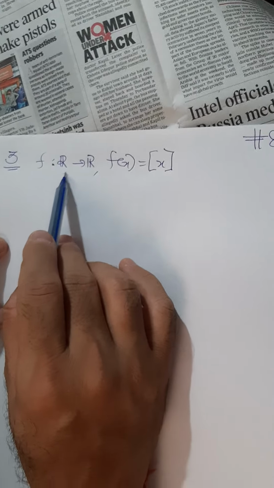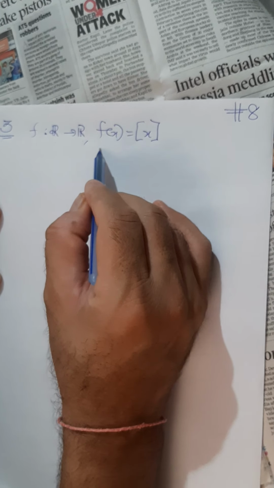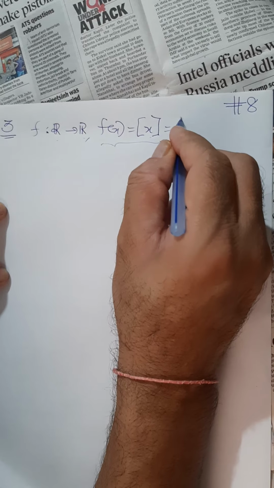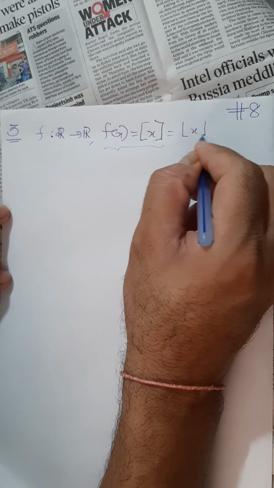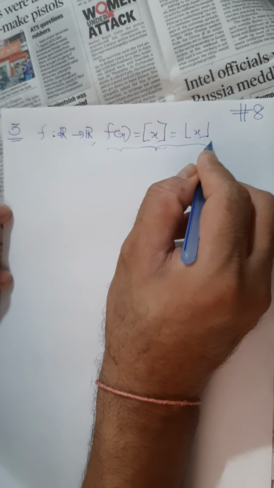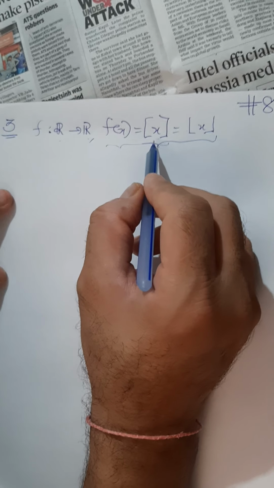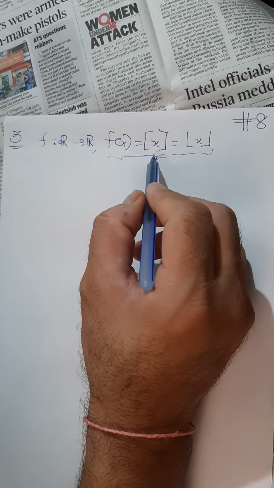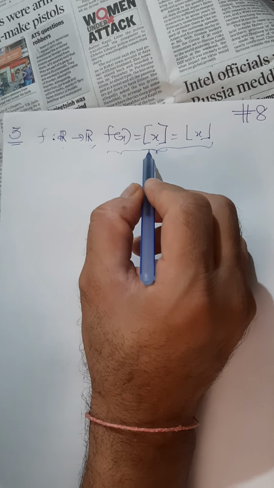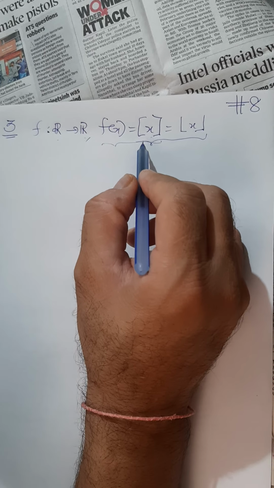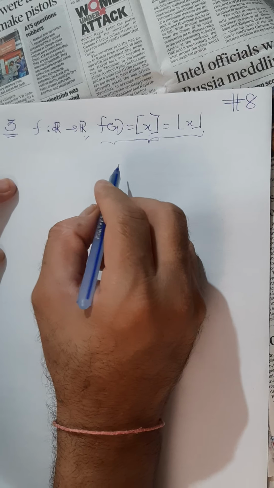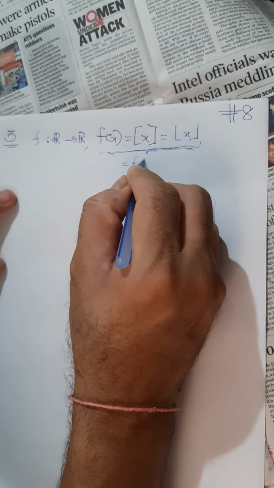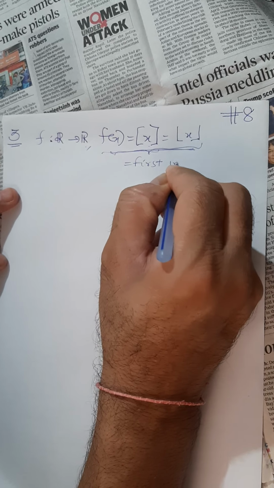Now take this function from real numbers to real numbers. You know that this is the floor function or box function, if you remember from 11th standard. You just recall, the value is the greatest integer less than or equal to that number. So here, in this case, the box function gives the first integer from the left side.